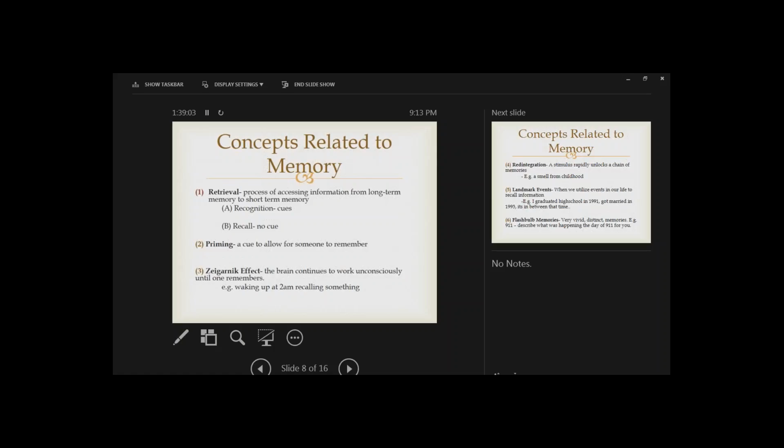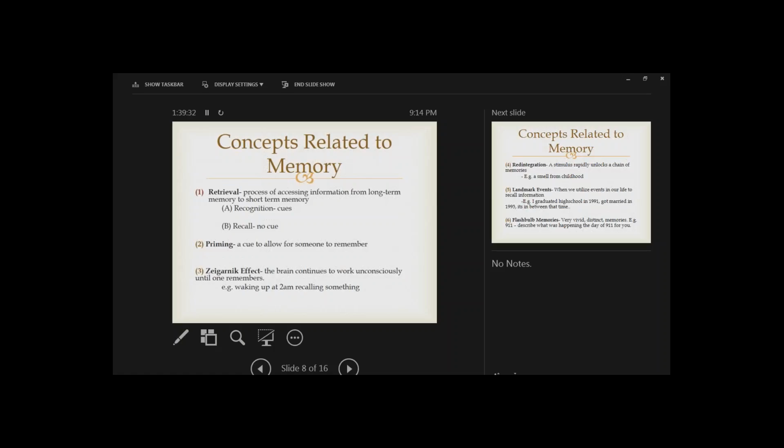I may say, I don't know, which lobe holds the primary visual cortex? And you guys may not remember, and I may say it starts with an O. Oh, occipital. That's priming. I'm cueing you to remember something or to figure something out.